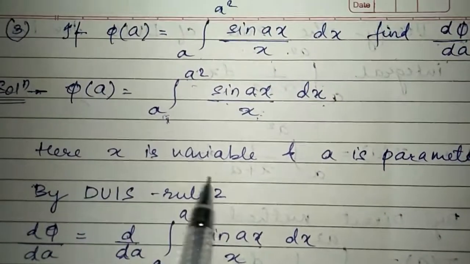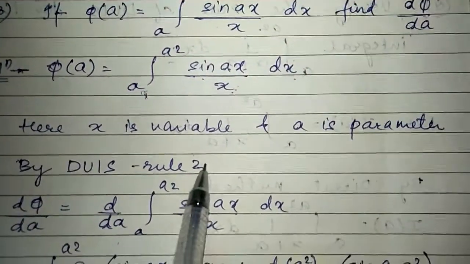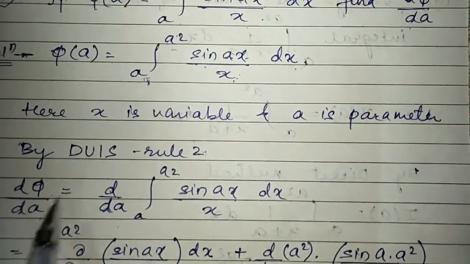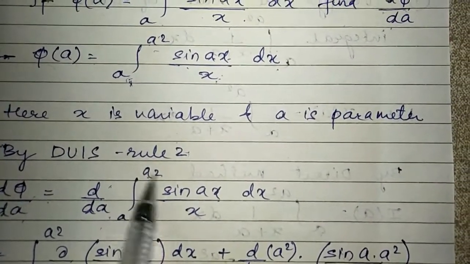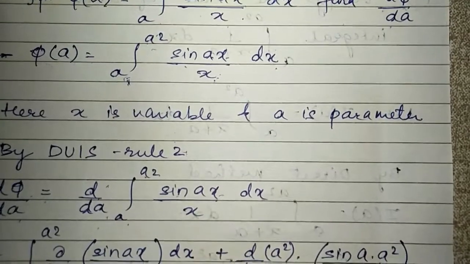Okay, we'll apply the rule. As per the rule, d phi by da is equal to d by da of the integral a to a square of sine of ax upon x dx.